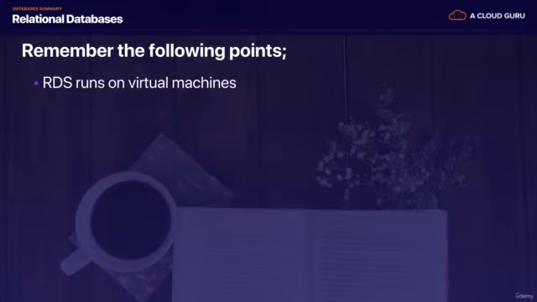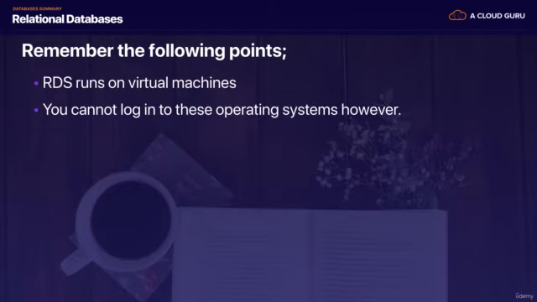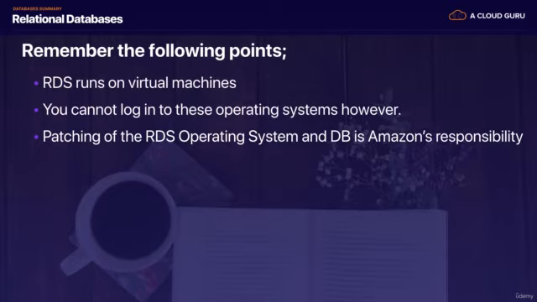In terms of relational databases, just remember the following points. RDS runs on virtual machines and you cannot SSH into these operating systems. You cannot log in, so you can't RDP using Windows and you can't SSH to your Linux operating systems. And that is a really important point to remember for your exams.